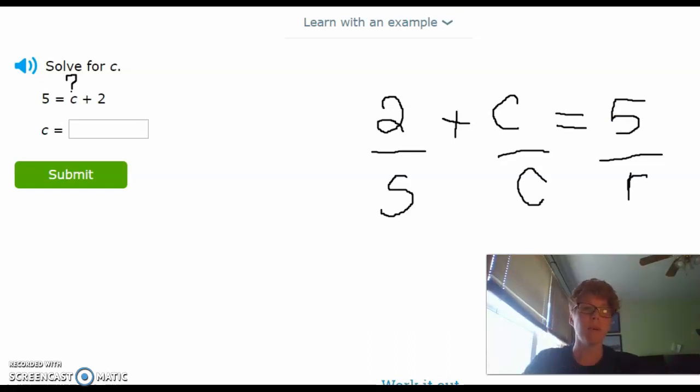Well, the answer would be what? 2, 3, 4, 5. I added 3. So in this case, C equals 3, because I could come in here and cross the C out and put 3. 2 plus 3 equals 5. That's how you would do it, and you would fill in that little box.